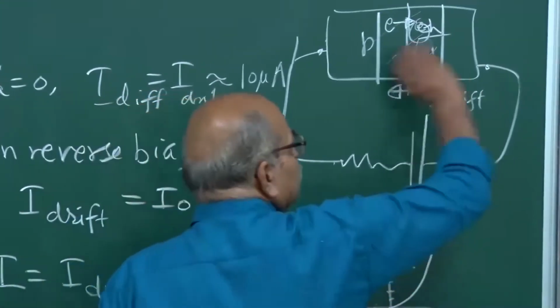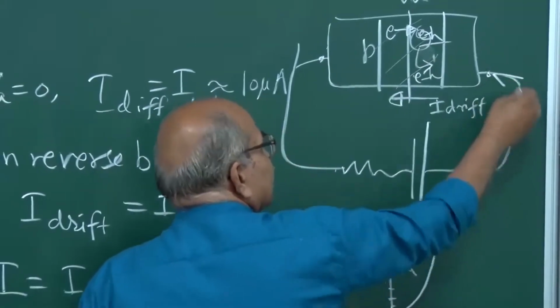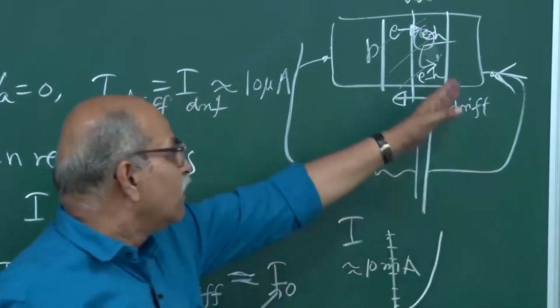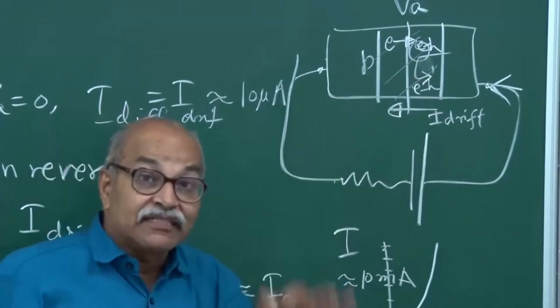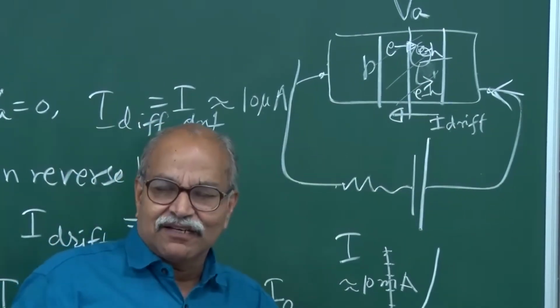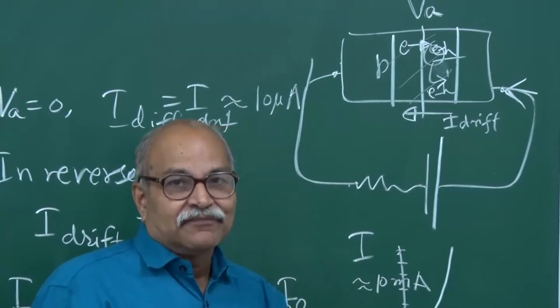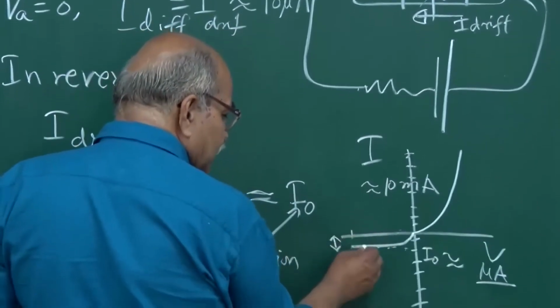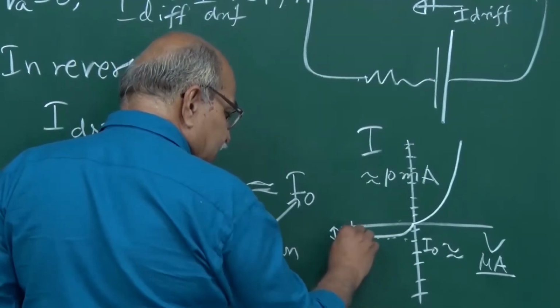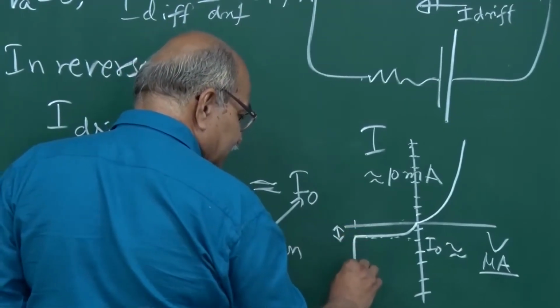Electrons are going in this direction, so the current is going in this direction. You will have a large drift current. This is known as breakdown. This is one mechanism. There are other mechanisms also, but the fact is that if you have reached that breakdown, then the current can suddenly increase many fold.